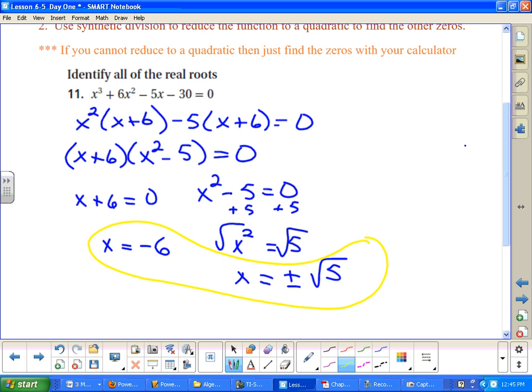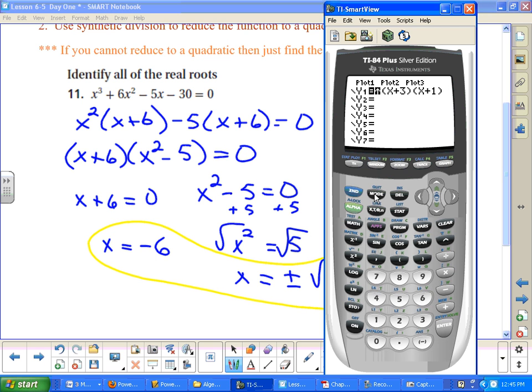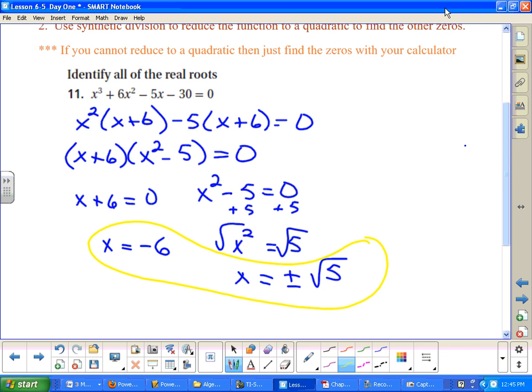That would be my answer: x equals negative 6 or x equals plus or minus the square root of 5. We have a third degree polynomial, so there are potentially 3 zeros, and I did come up with 3 of them. If we look at our calculator, what did you say?